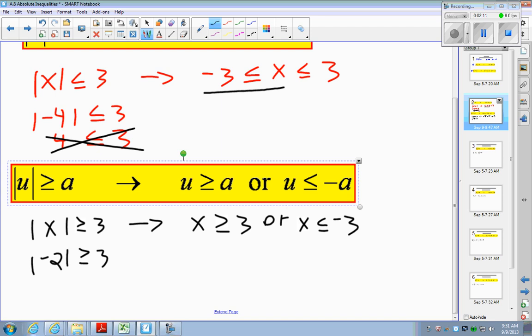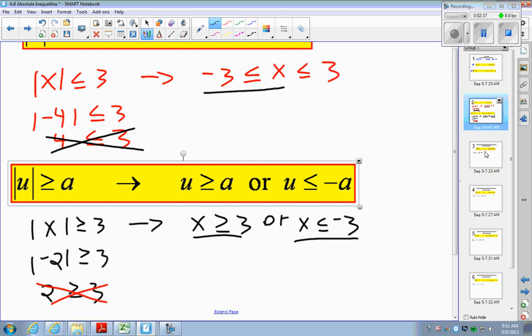And, well, the absolute value of negative 2 is just going to be 2, which is greater than or equal to 3. Well, that's not true, so we can rule that one out. Anyways, the statement will hold true for any x which is less than or equal to negative 3, and so that will give us a number greater than 3. And so those are the reasons why those two rules work.